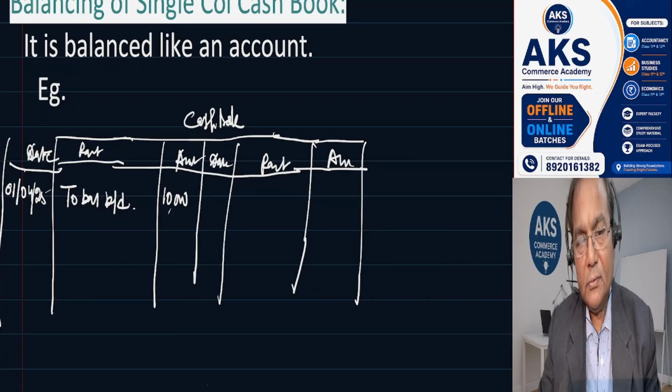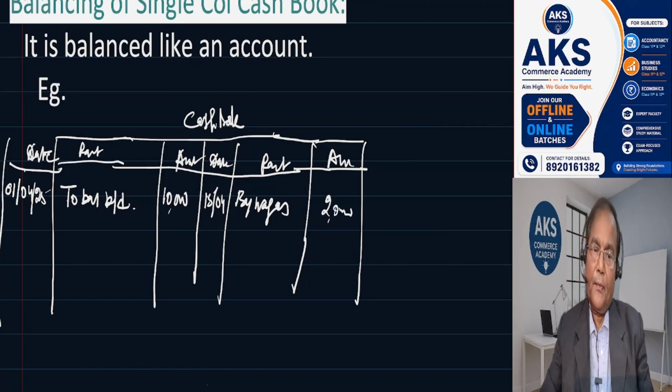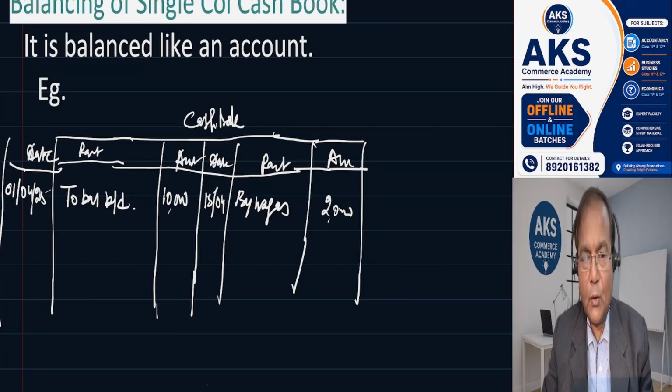Say one payment, wages, debit to cash. So here we are making payment of wages on 15th April. We are paying 2,000 rupees as wages. Now we will close this account.